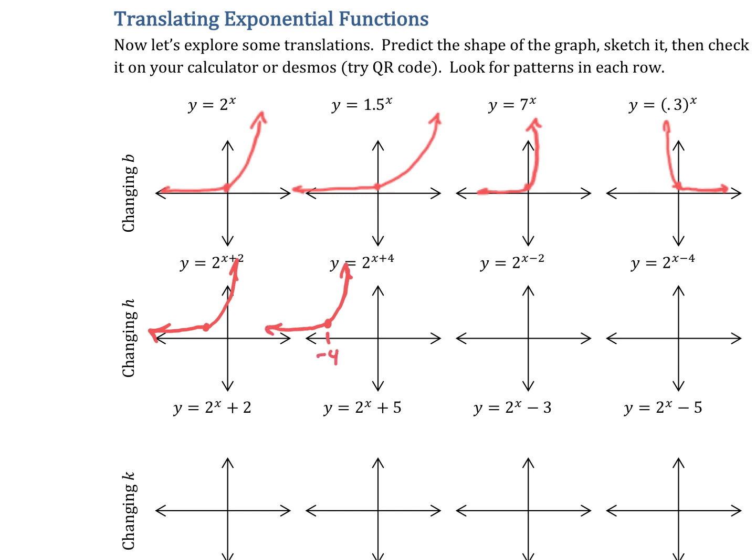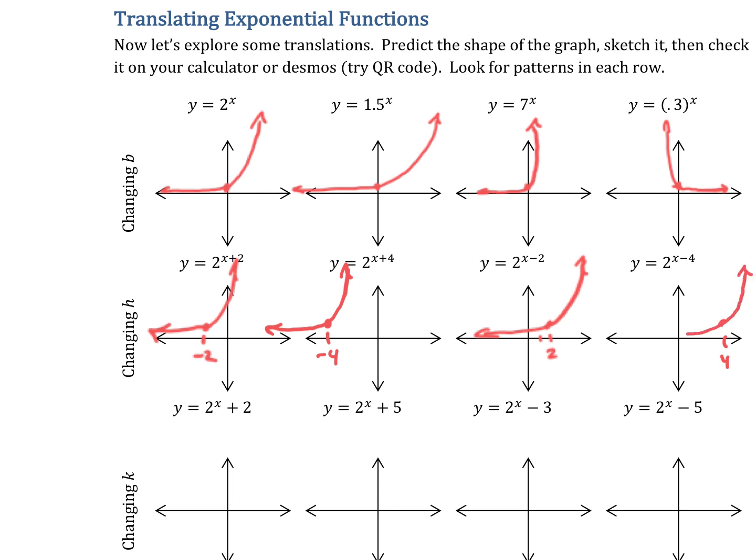This will be at negative 4. This will be at negative 2. If we have minus 2, it's going to go right. And that key point is going to be over at 2. And then over at 4, if we have x minus 4, that key point will be over here.